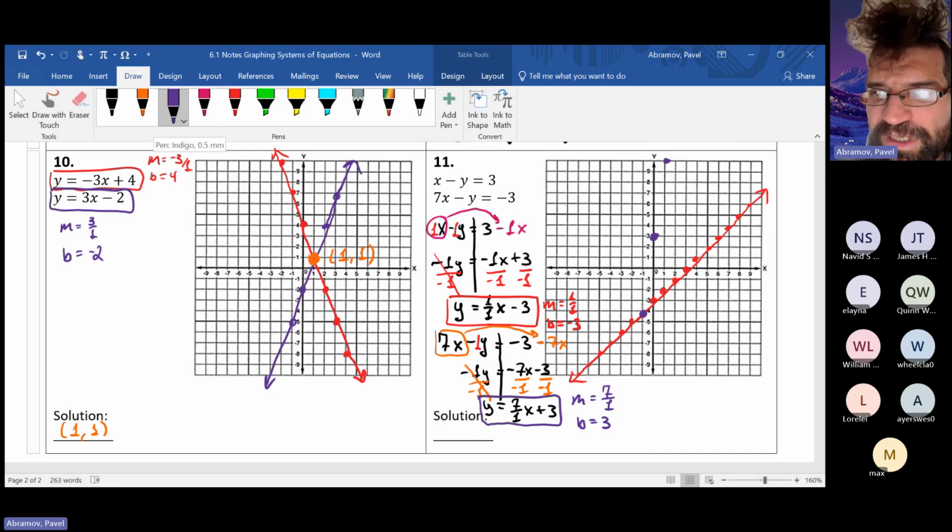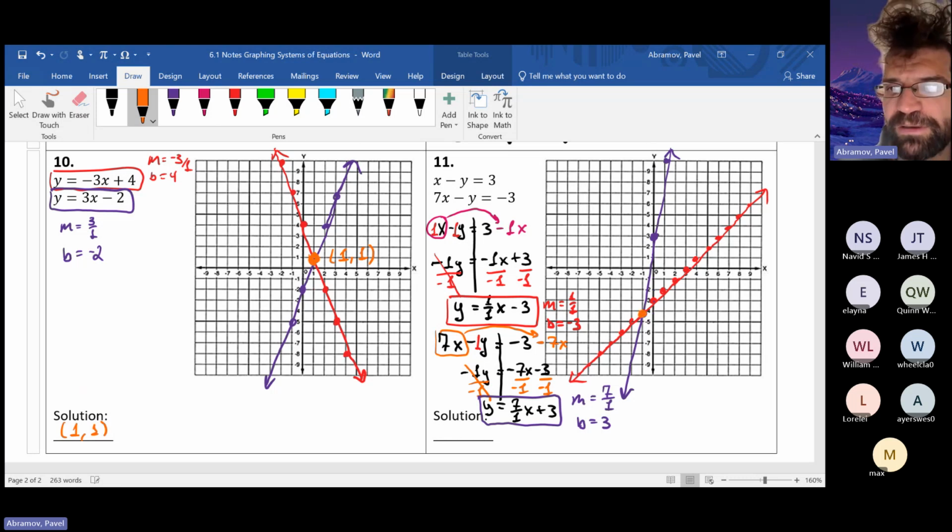If we try again, we're going to get outside of our grid, but that's okay because we have these 3 points and we already see where the lines intersect. We can see that they intersect right here. And therefore we have the coordinates of the point of intersection, (-1, -4). So that's our solution, (-1, -4).